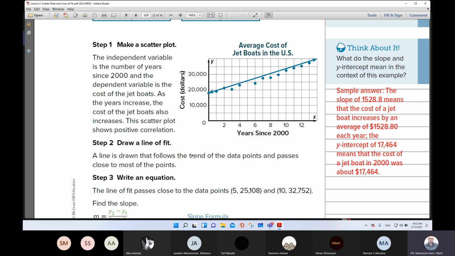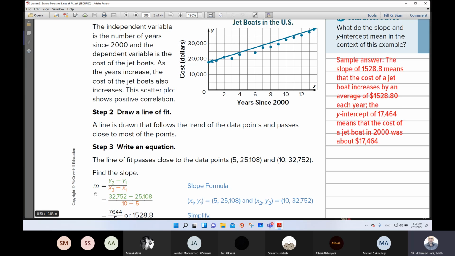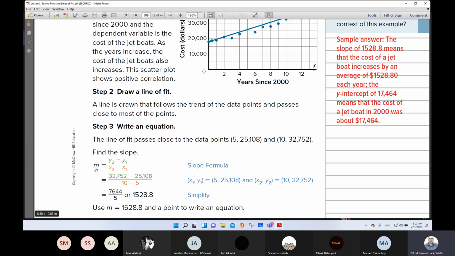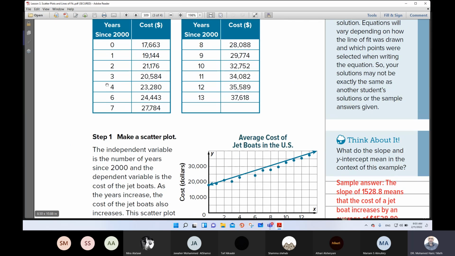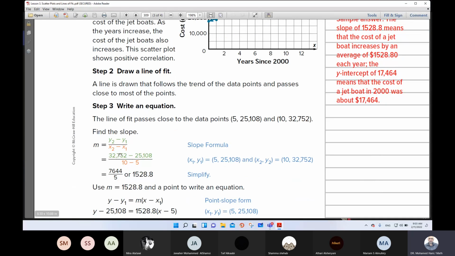Then write an equation. To write the equation, as you remember, we want the slope. We can solve the slope: m equals y2 minus y1 over x2 minus x1. We can choose 2 points from the table, any 2 points. Then you can substitute the values.